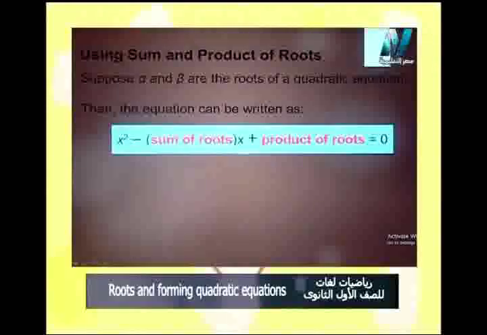Using sum and product of roots, suppose alpha and beta are the two roots of the quadratic equation, then the equation can be written as x power 2 minus the sum of the two roots times x plus the product of the two roots equals 0. It's a new and easy form for us.